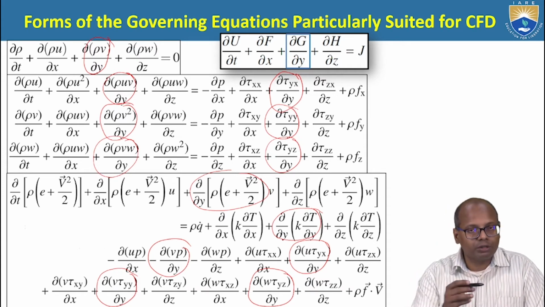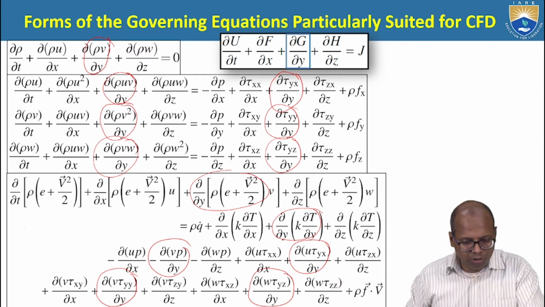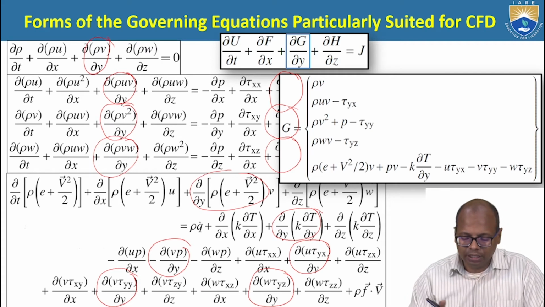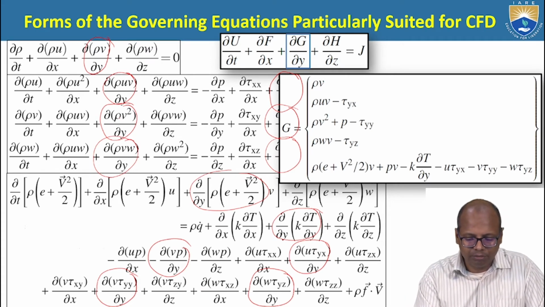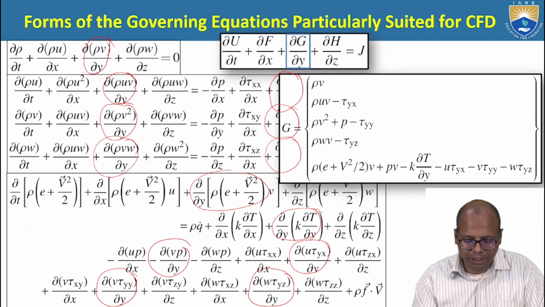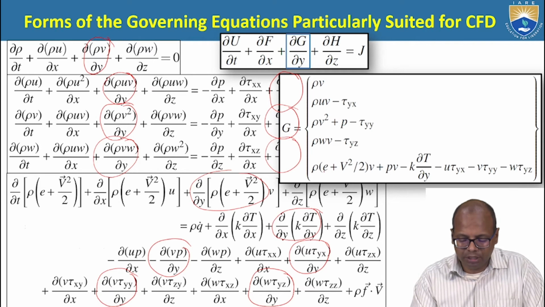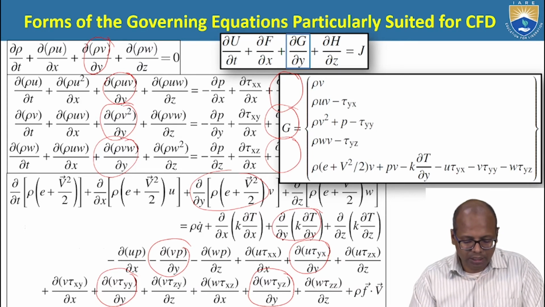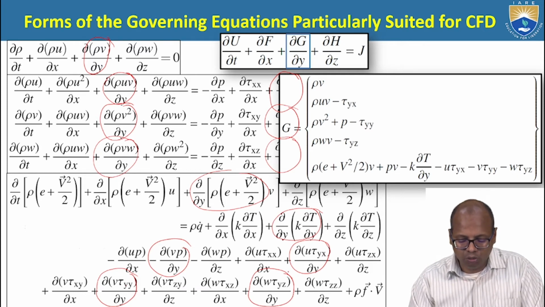Okay. So what will be there in g? I will have rho v, rho uv minus tau yx, and rho v square minus tau yy plus p, and rho vw minus tau yz, and rho e plus v square by 2 into v plus pv minus k into dou t by dou y minus u tau yx minus v tau yy minus w tau yz.